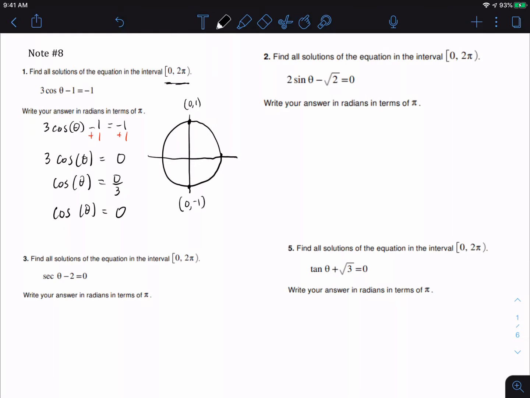Well, we want our answer in this problem to be in terms of pi. So that tells us that theta then needs to be equal to pi over 2 or 3 pi over 2. And the reason we only have two answers, we're not going to do the plus k pi, is because we're in that restricted domain from 0 to 2 pi. Is that okay?